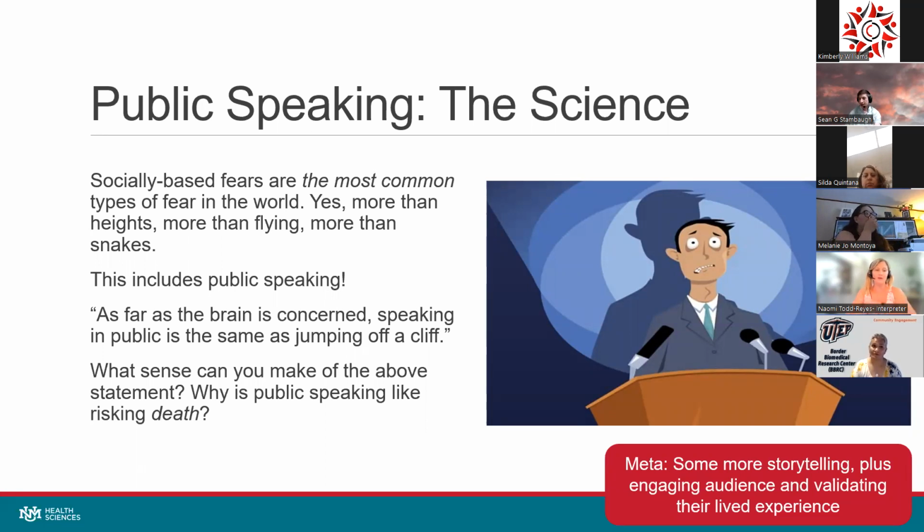Public speaking and the fear of public speaking is grounded in what's called a socially based phobia or a socially based fear. And these are the most common types of fear in the world. Social fear is more powerful than a fear of heights, than a fear of flying. There are more people afraid of public speaking than are afraid of snakes. And the reason for that is because we humans are social animals.